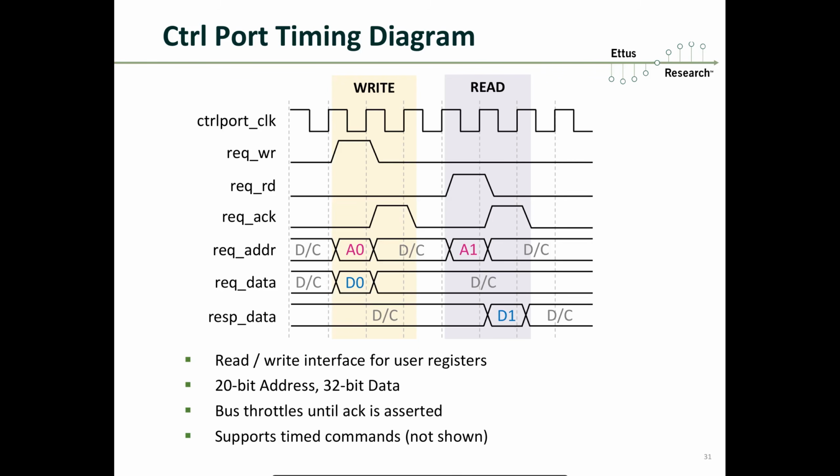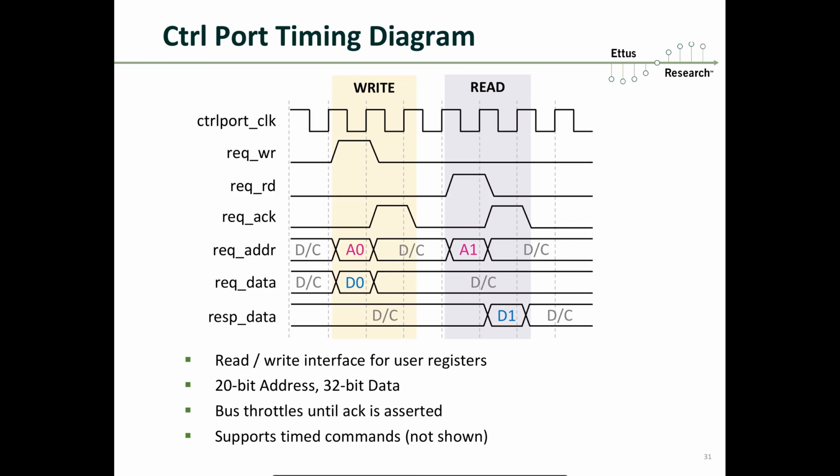So the control port timing diagram is here. And here I'm showing two transactions which are separate. These are independent transactions, but I just have them together in the same diagram. A write and a read. And so on the left here, if we're writing to our block, we send an AXI control packet that's essentially a write.